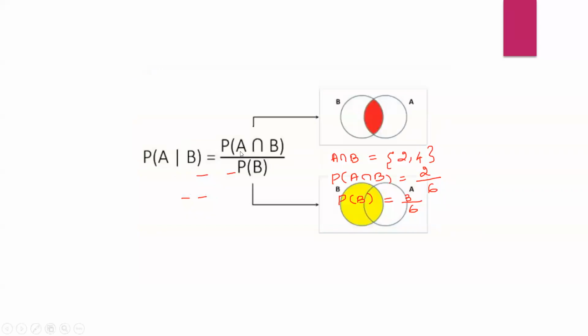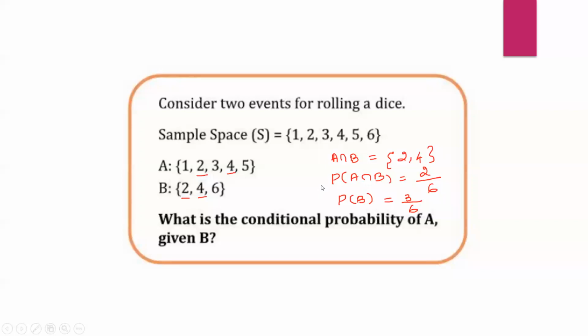Let's go back to the formula now. Probability of A given B is equal to probability of A intersection B divided by probability of B, right? So let us now solve it.